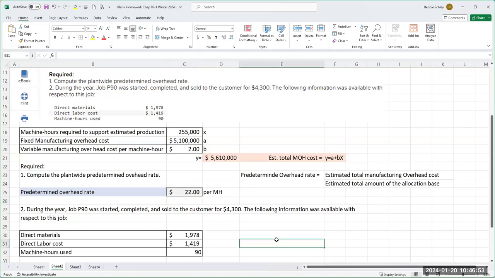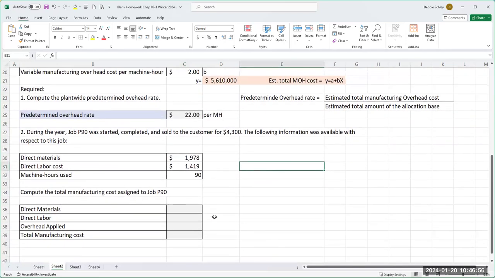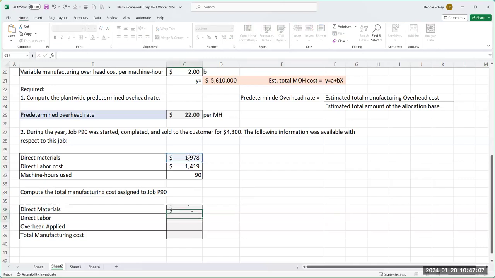Okay, what do they want me to figure out? Compute the total manufacturing costs assigned to job P90. So again, they gave us the total for direct materials. They gave us the total for direct labor. Now overhead applied again is going to be equal to the actual machine hours times that predetermined overhead rate per machine hour.